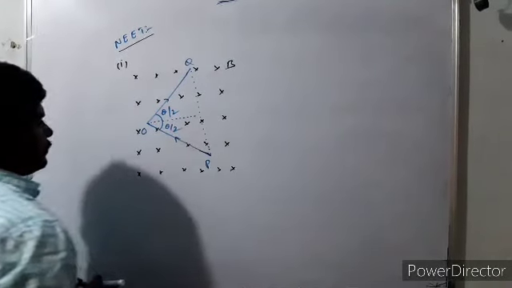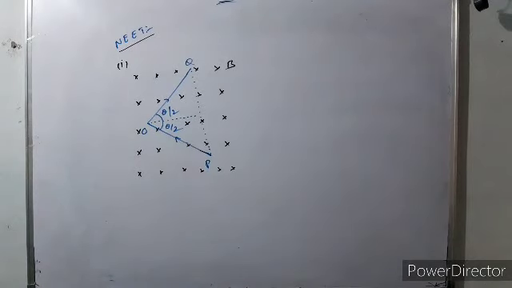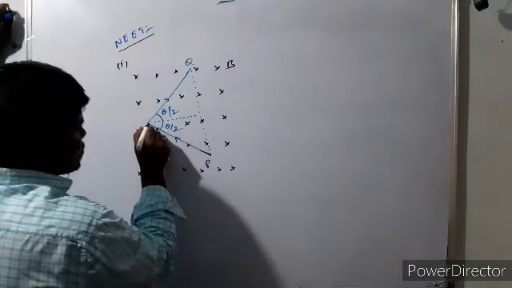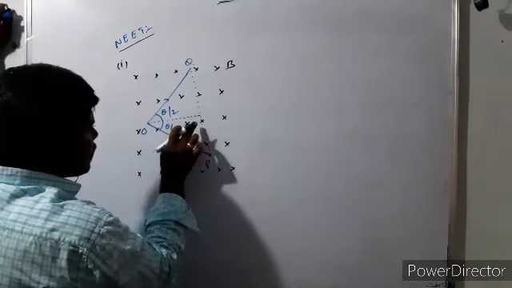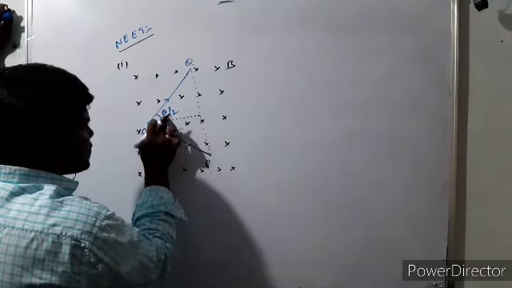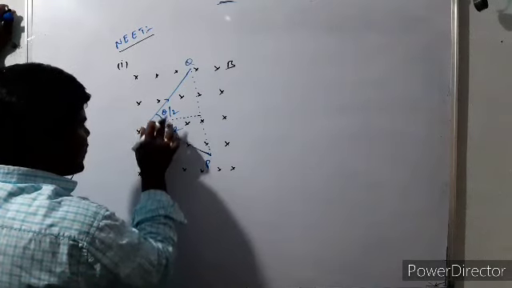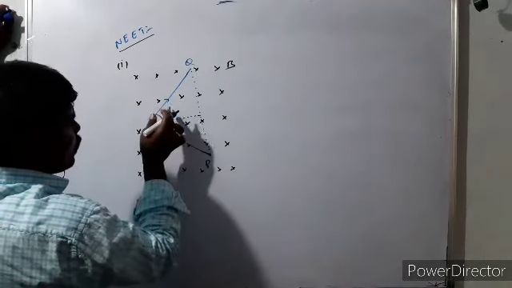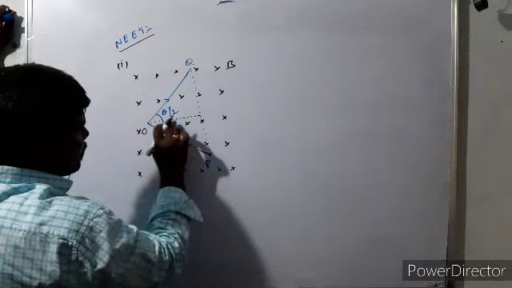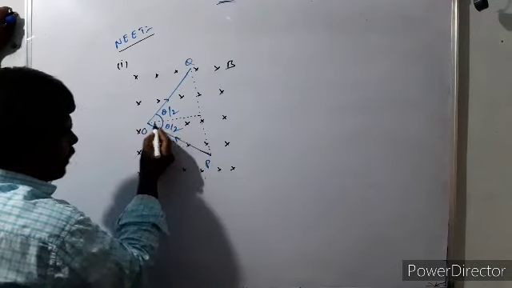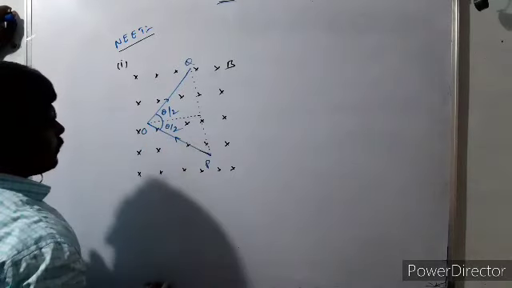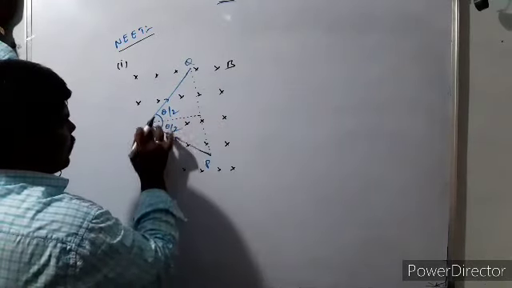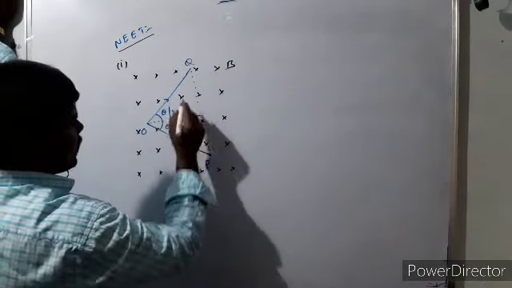This horizontal dotted line is nothing but an angular bisector. That's why it is dividing the angle into two equal parts, theta by 2 each.